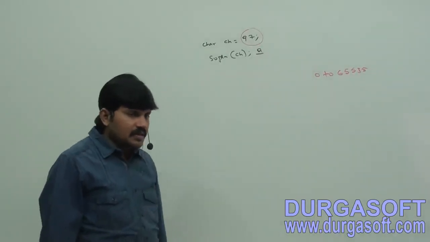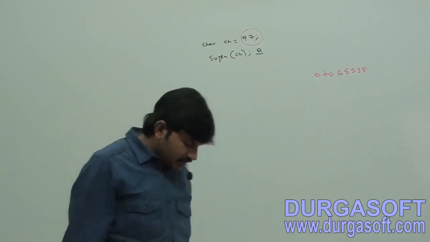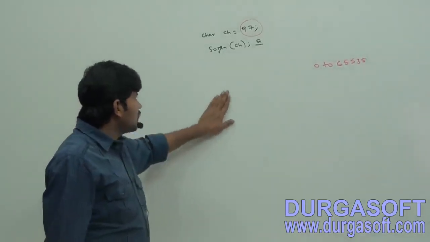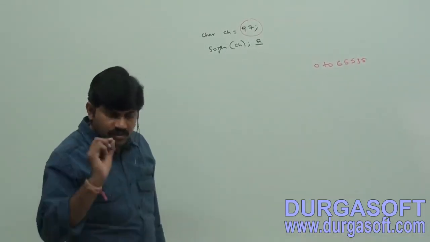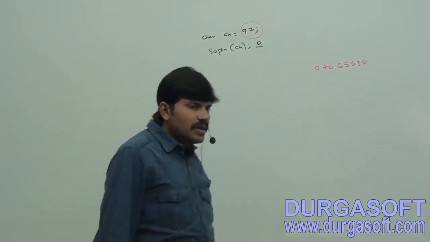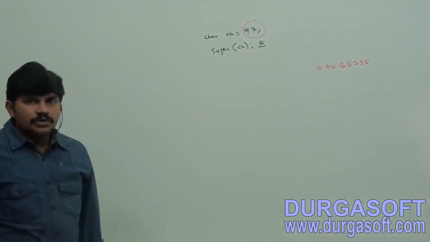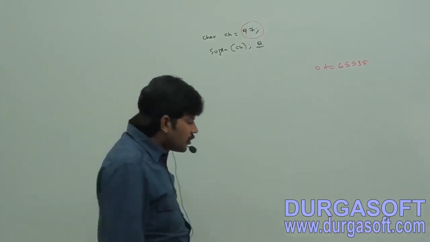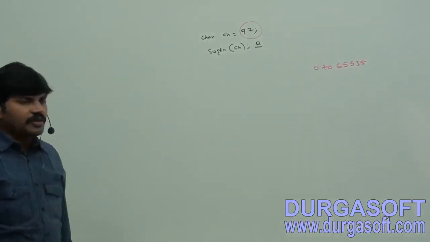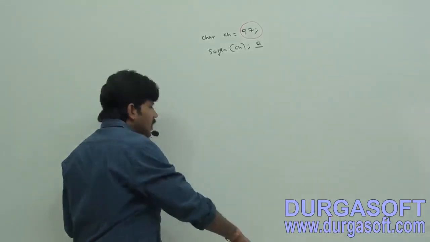But the allowed range is 0 to 65,535. Okay, like an example.